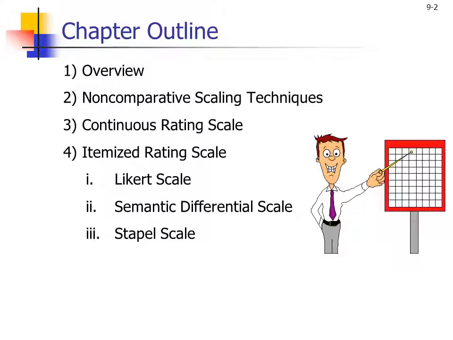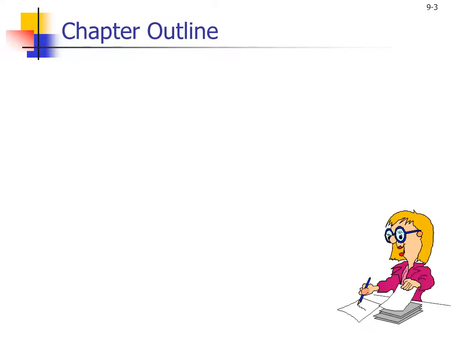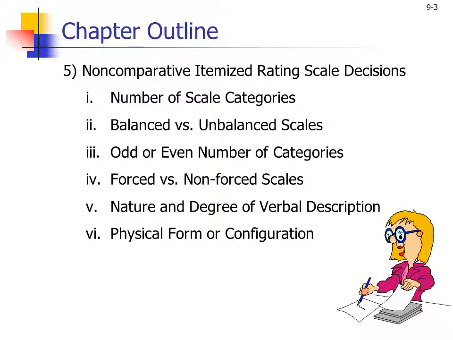This chapter has an outline. An overview about the non-comparative scaling techniques, continuous rating scale, and some itemized rating scales like the Likert scale, semantic differential scale, and the Stapel scale. The non-comparative itemized rating scale decisions.